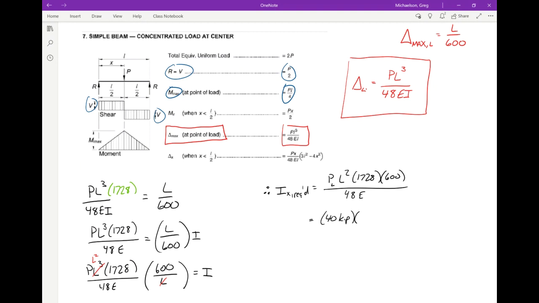L is 35, and don't forget 29,000 ksi. I don't want this to just be me reading off, so somebody tell me what they're getting for this.